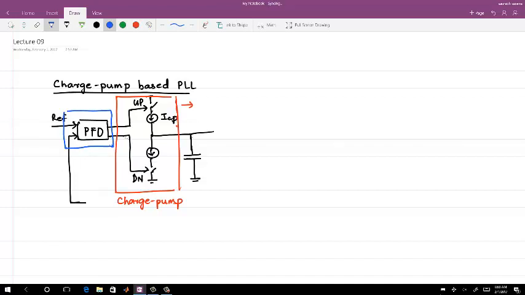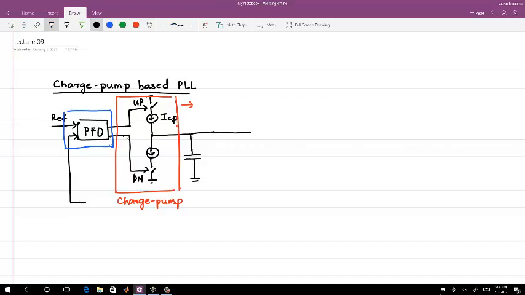The output of the phase frequency detector, which are up and down signals, the pulse width of the up minus down signals represents the error at the input of the PFD. The charge pump converts this error into proportional voltage or current. That voltage or current is filtered, or integrated, by whatever follows it.